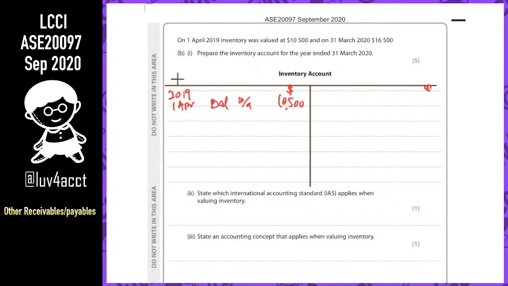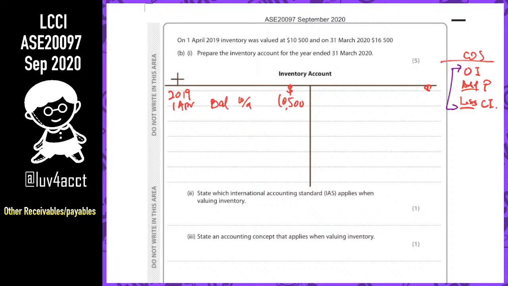Remember, in the statement of profit or loss trading part, under cost of sales, we'll have opening inventory, add purchases and other stuff, and then less closing inventory. So both items will go into the statement of profit or loss. So how to show it? Both items will appear. That means there will be a transfer of both items in the inventory account.